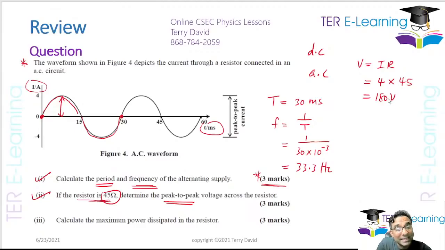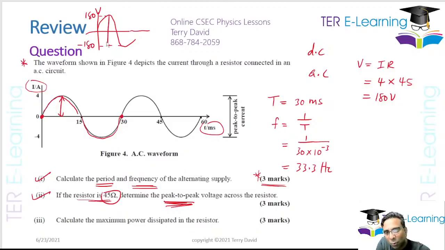But here's the problem. That's not the answer, right? Because they said determine the peak-to-peak voltage. So the voltage is actually doing this. It's going up here and coming back down. The maximum voltage here is actually 180 volts. Therefore, at the bottom here, this is minus 180. So when they ask you for peak-to-peak, they want that whole distance there.